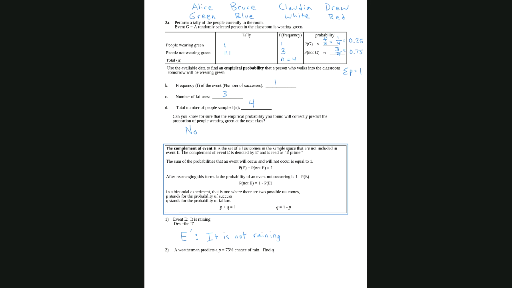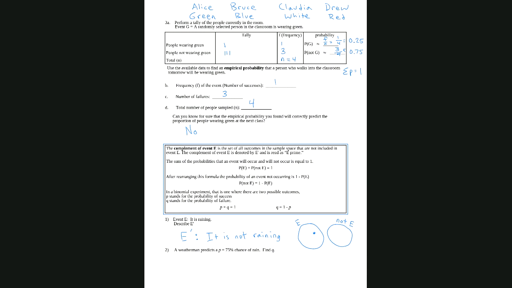Now, what if we were to do a Venn diagram for E and its complement? What we would have is 2 distinct bubbles, where event E would be one of the bubbles, and then not E would be another. The reason that they don't overlap here is because if you take a particular time of day, it's either going to fall into the E category or not E, and there's no other possibilities.